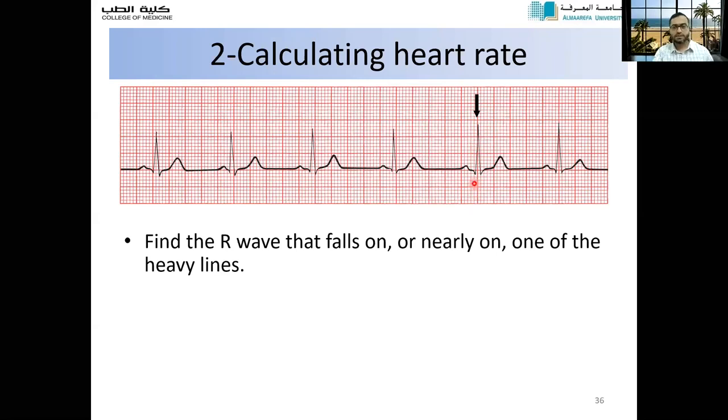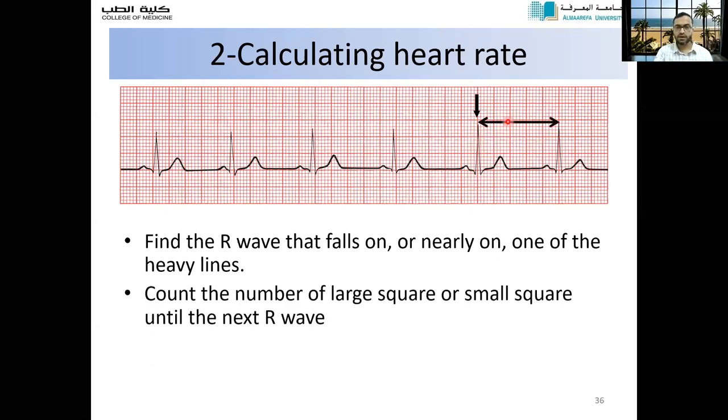But this is not compulsory. But if you get one R wave on the darker line, it becomes easy for you to count the squares. So first mark the R wave which falls on the darker line and count the distance to the next R wave.